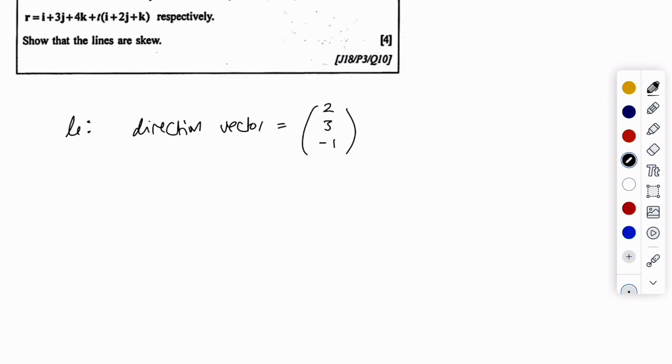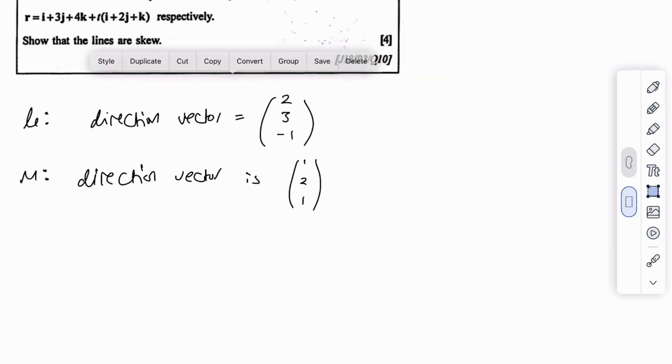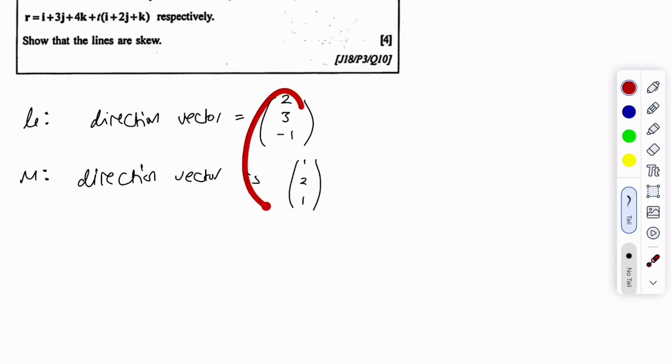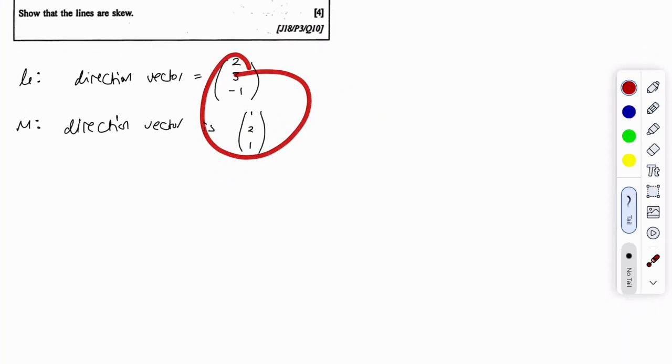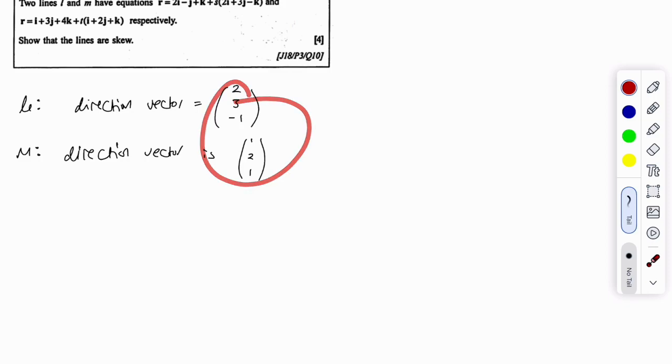If we have a line M, our direction vector is (1, 2, 1). So with that in mind, they can't be parallel because these are not the same. But they also can't intersect because we're showing that they're skew. So how do we go about proving this? Well, we're going to have to use contradiction.